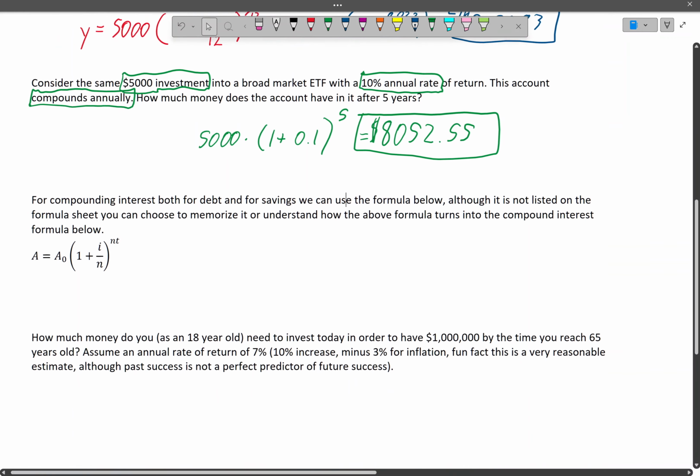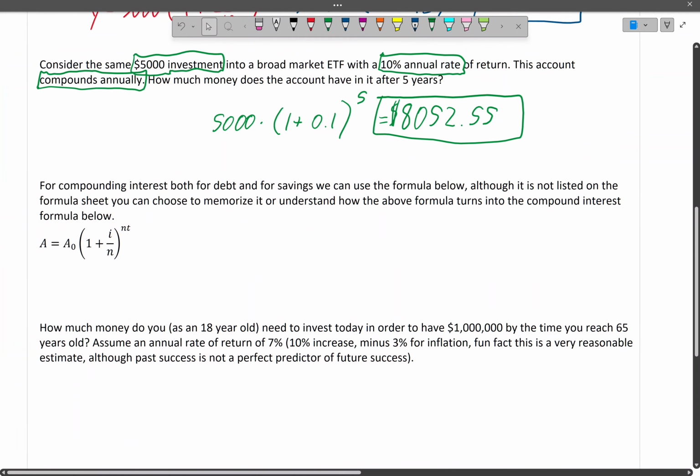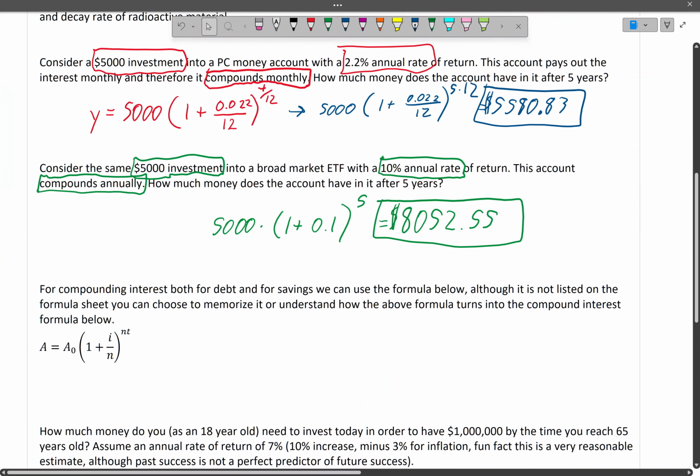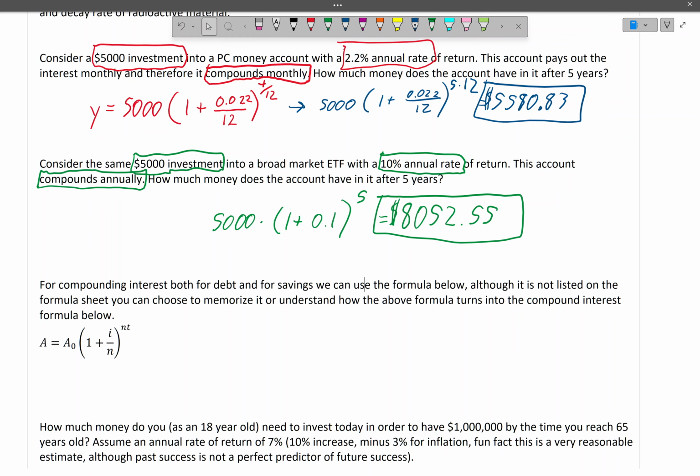And it's just going to grow faster and faster the longer you can leave it in there. So again, should you have your money in a PC money account? No, it's better than just a regular bank account, which gives you like 0.2% or something silly, but it's still not great, right? Compared to a broad market ETF, it's not even close.